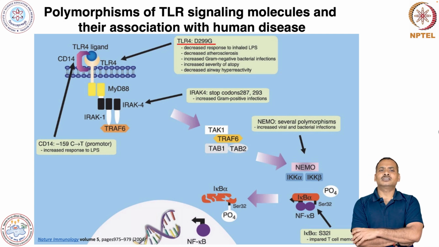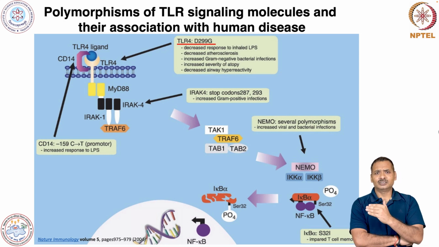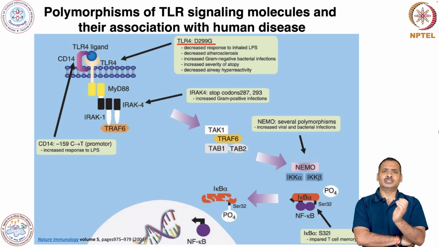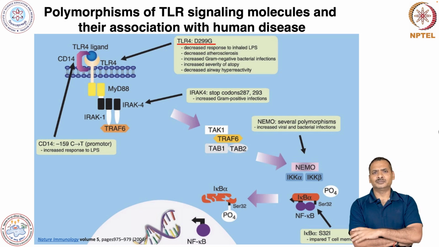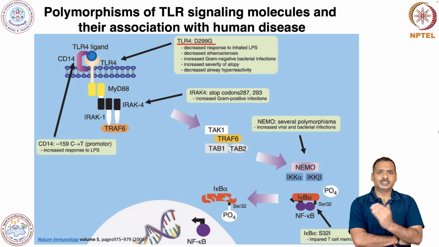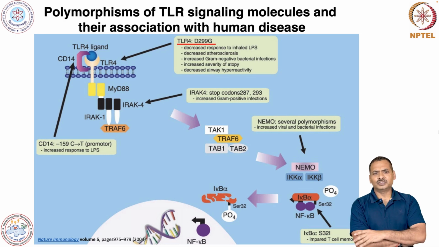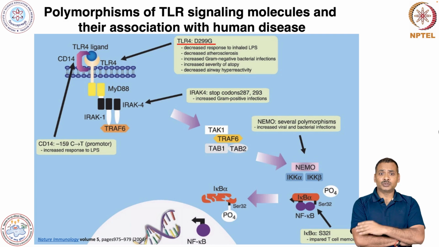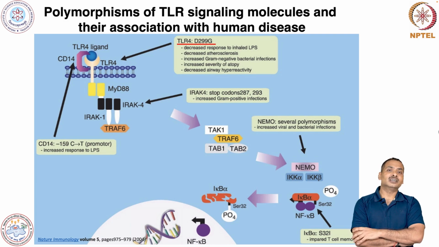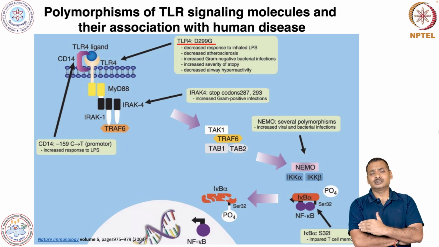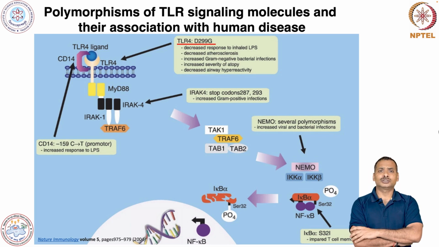So, let us look at a polymorphism in TLR4, where the aspartic acid at position 299 is changed to glycine. If this kind of polymorphism is there, then the individual has a decreased response to inhaled LPS, and there is a decreased incidence of atherosclerosis.